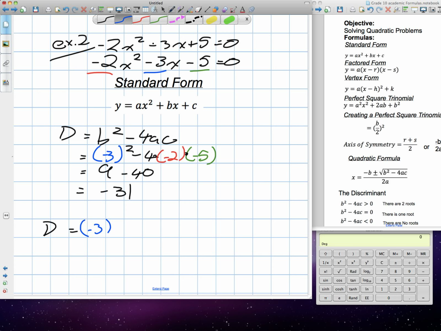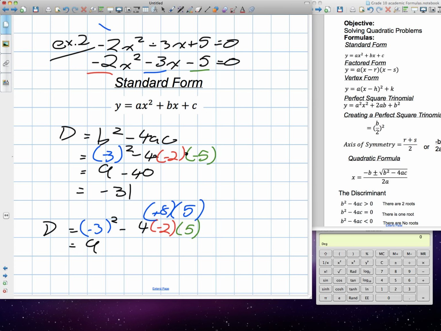We still have -3 as our B, squared, minus 4 times A, which is -2. And the only difference here is 5 is now a positive term. What that's going to do is just change our 40. We're still going to get 9. -4 times -2 is +8.